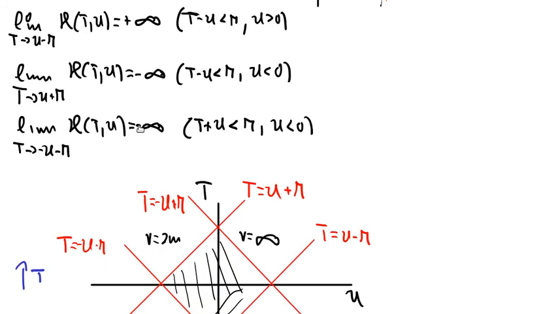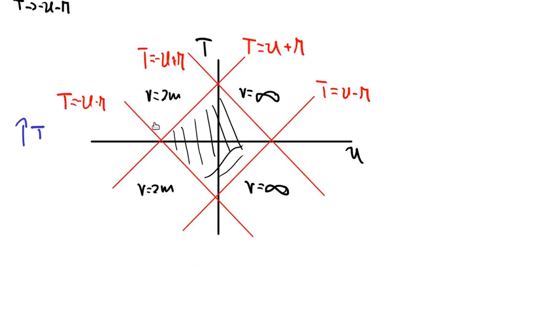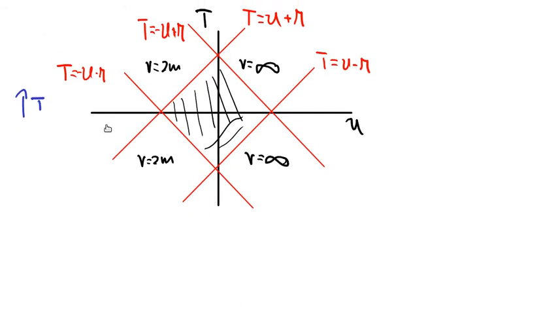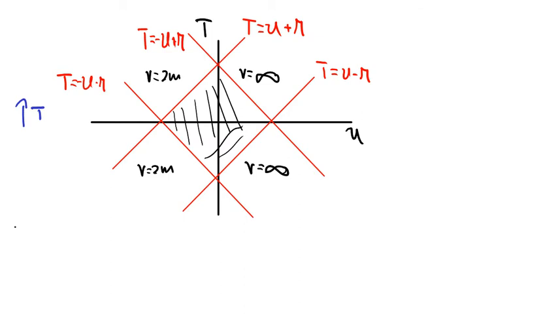So we conclude that the Penrose diagram in the case in which small r is greater than 2m is represented by this square with this time orientation. This is very simple. So we have already obtained a Penrose diagram.